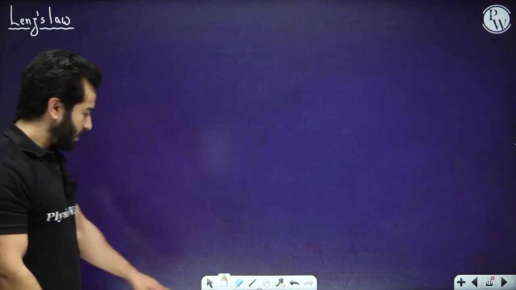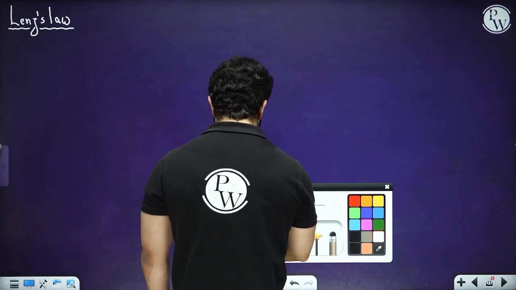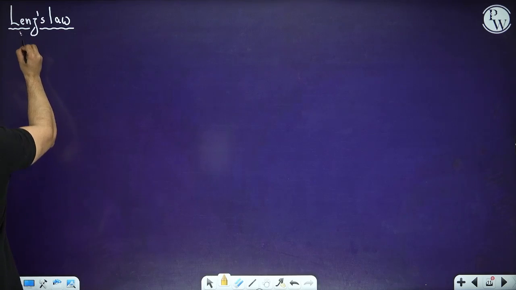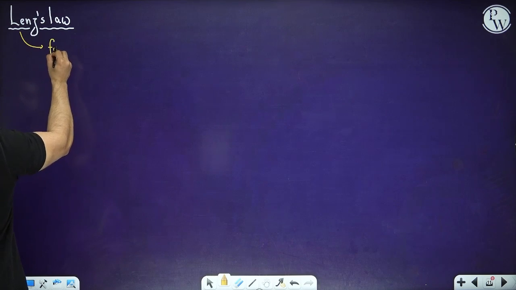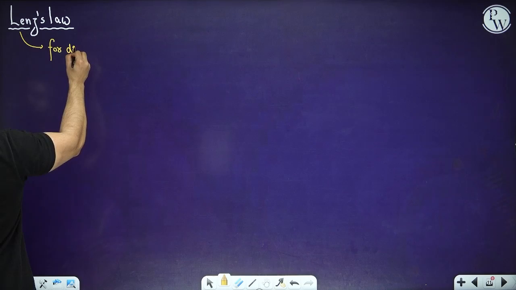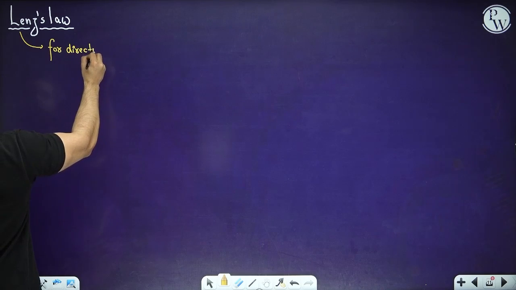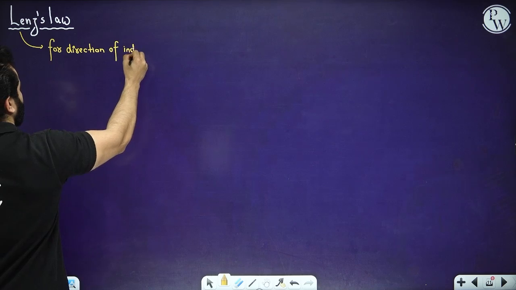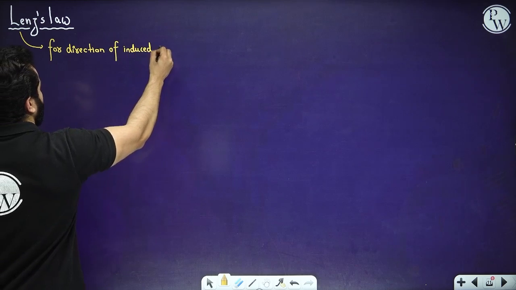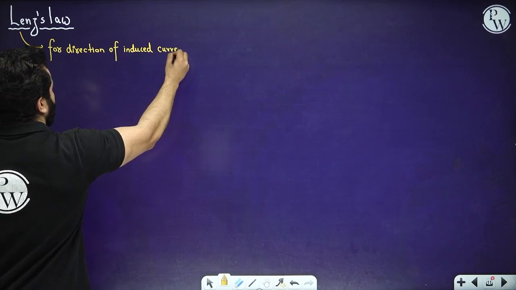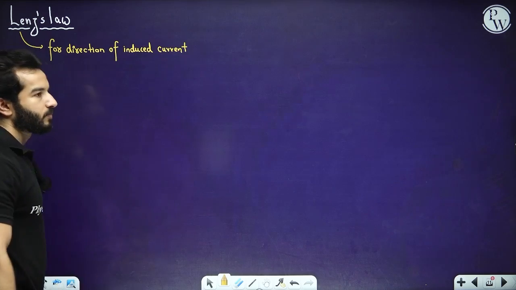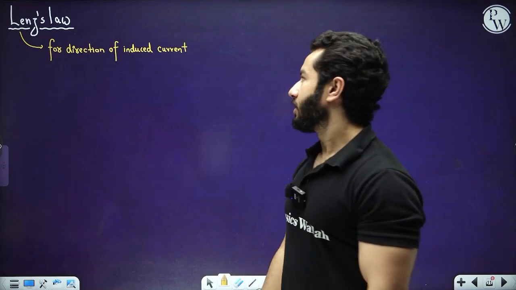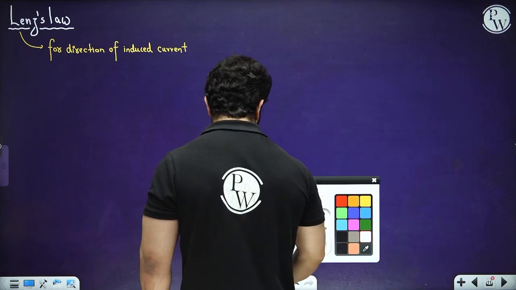Now this is the law, first of all, this is a law for direction of induced current. Mainly we are going to use this law for this. Now what does this law say?